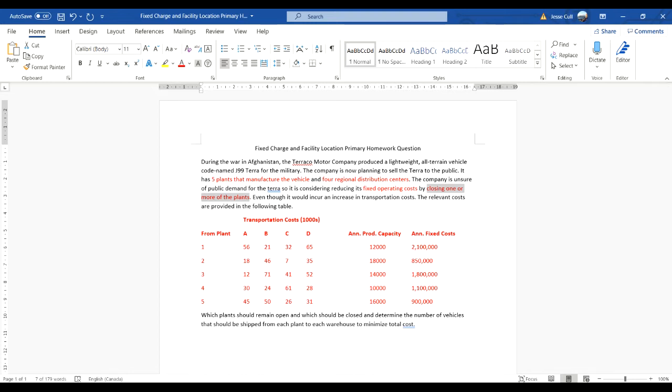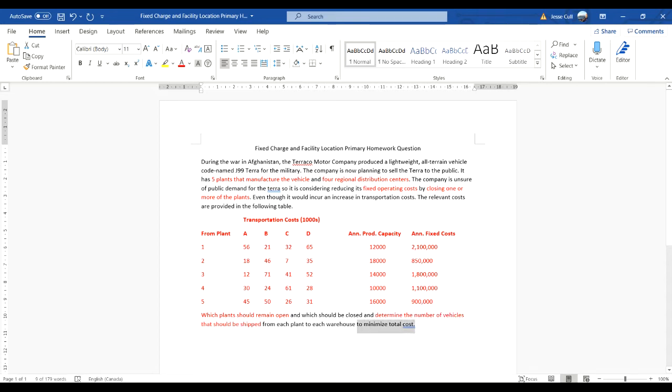The relevant costs are provided in the following table. Which plants should remain open? And then determine the number of vehicles that would be shipped from each plant to minimize the total cost.